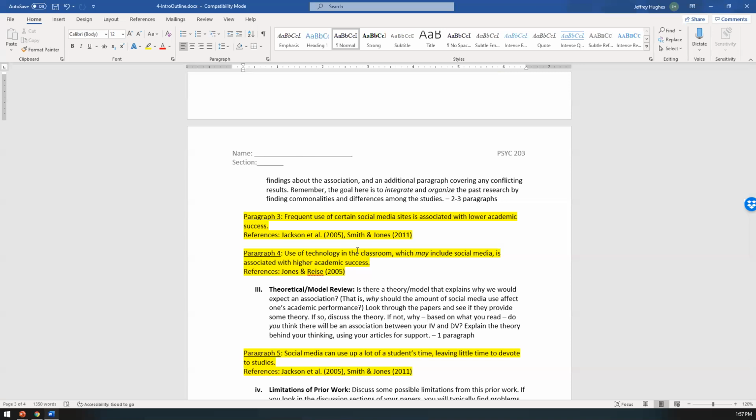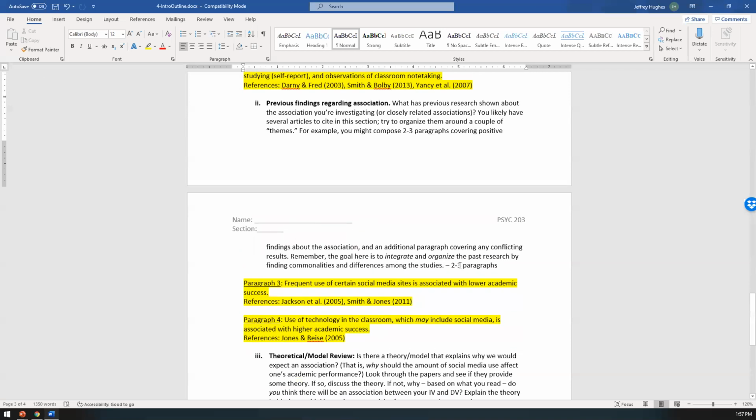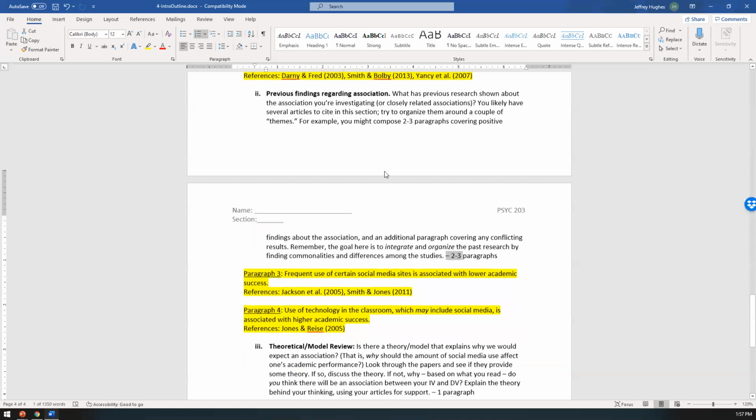And there is research out there that does show that there are positive sides to social media. There's positive and negatives to exercise. So you may have research that contradicts, and that's perfectly fine. It's actually really good. Anyway, so you want 2 to 3 paragraphs here about some common themes that you found regarding prior findings.